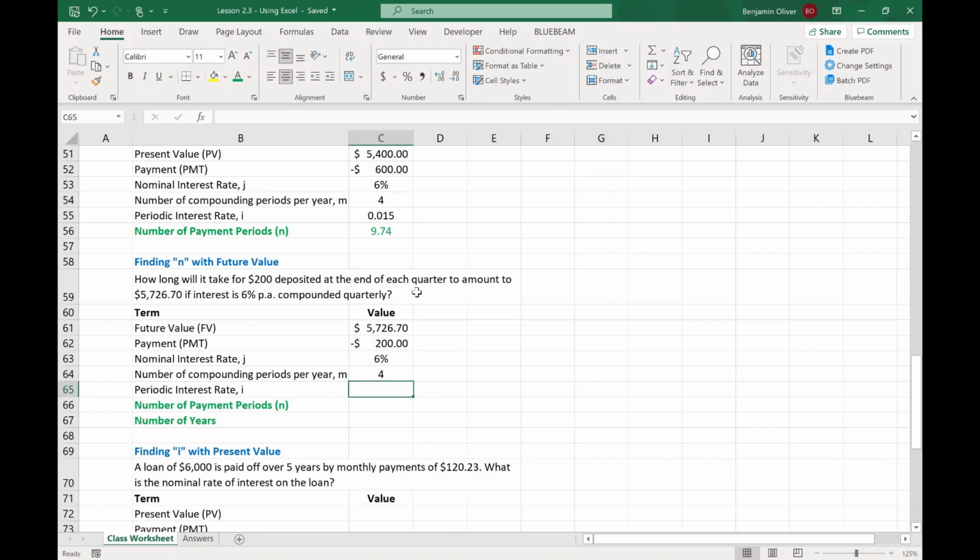So our periodic rate of interest is equal to our nominal rate of interest divided by our number of compounding periods per year. Again, it comes out to a decimal here. If I go up here to select percent style, it's rounding up, but that's just for show, okay?